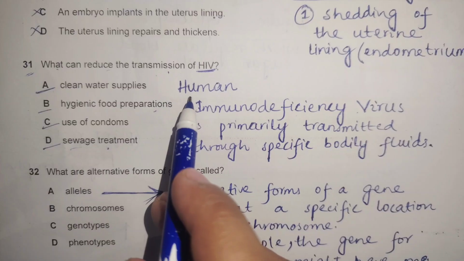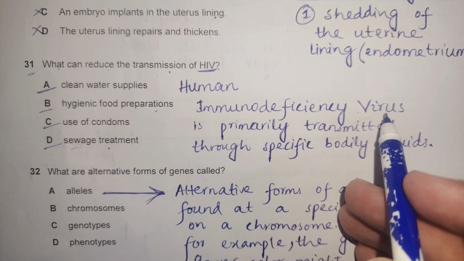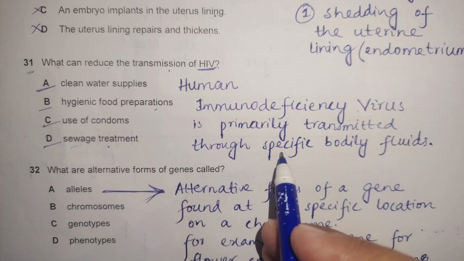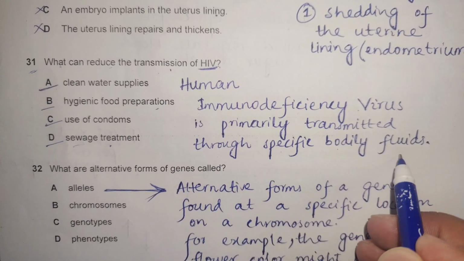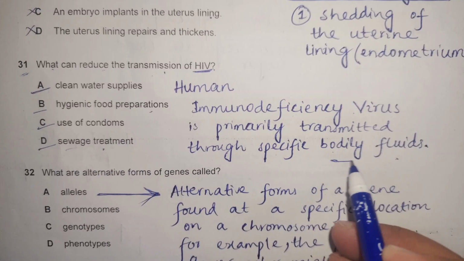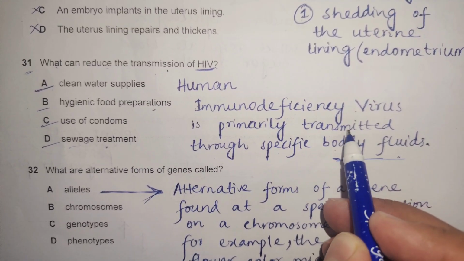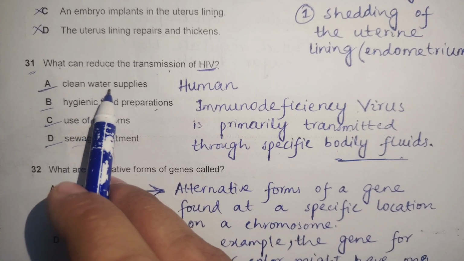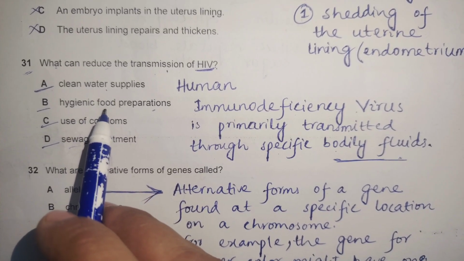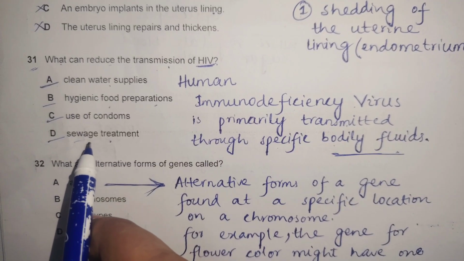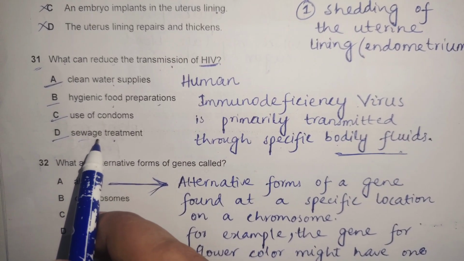I have notes for you. Please read. Human immunodeficiency virus is primarily transmitted through specific bodily fluids. So, through body fluids, this virus is transmitted. Body fluids have nothing to do with clean water, hygienic food preparations, or sewage treatment.